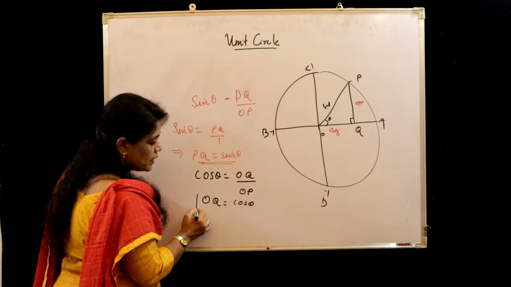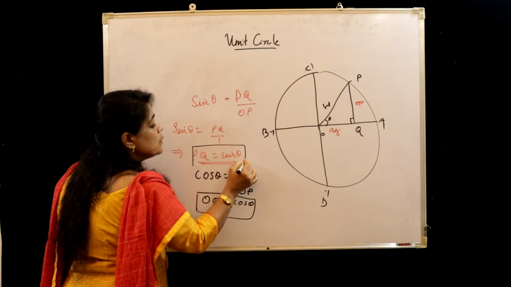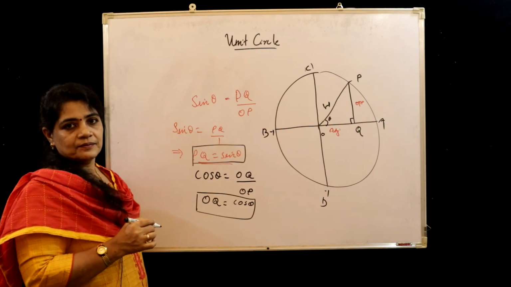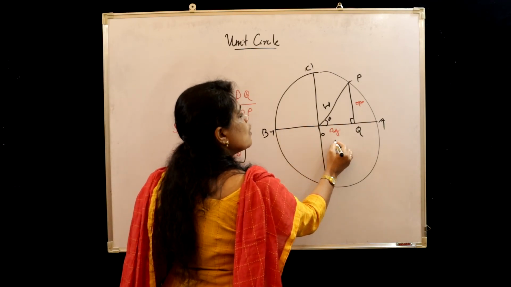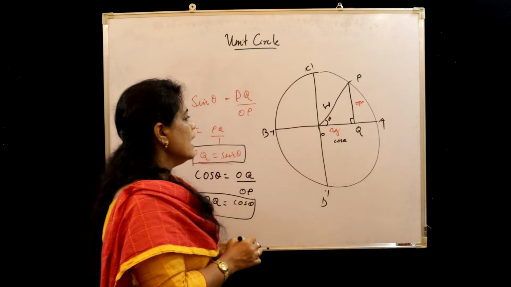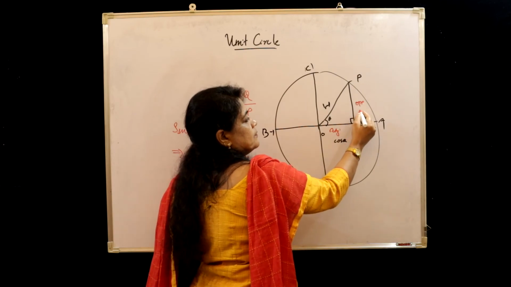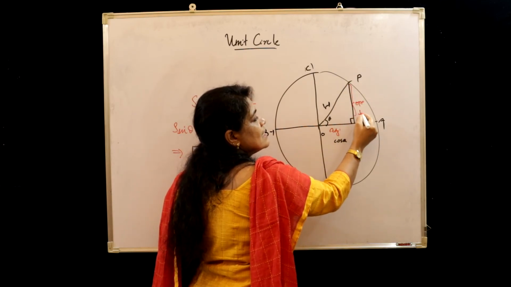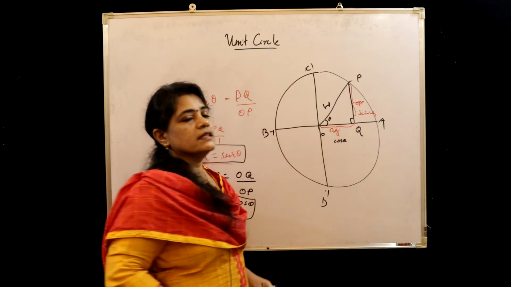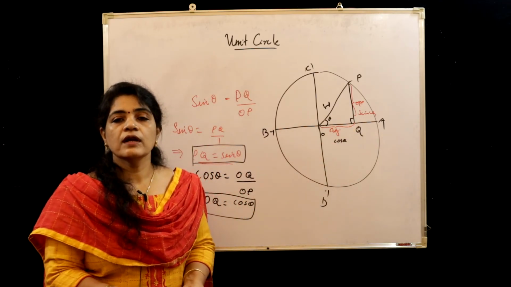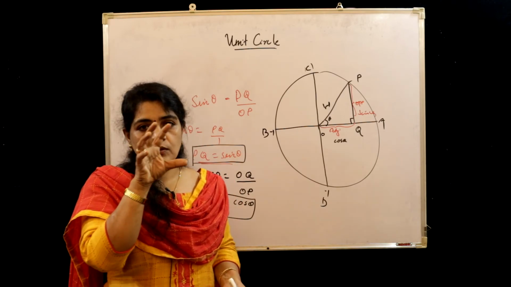So OQ equals cos theta and PQ equals sin theta. That is, this distance is sin theta and this distance is cos theta. This is the way you can find the sides of the right triangle if it forms under the unit circle.